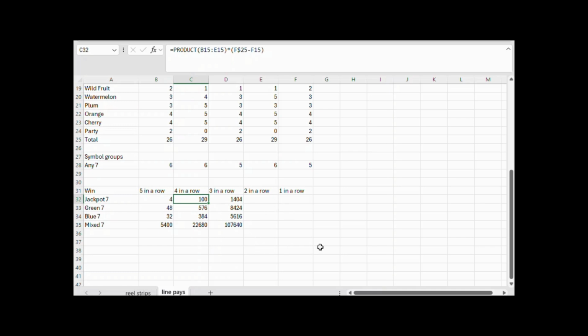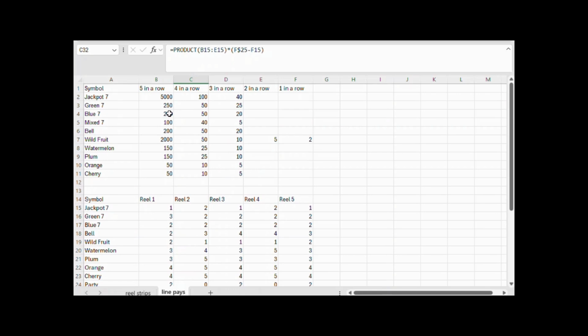So first let's consider a situation where, let's say the player gets four Jackpot 7 symbols on reels 1 to 4, and then either a green 7 or a blue 7. So he could win either 100 for 4 Jackpot 7 symbols, or the same amount, 100, for 5 mixed 7s. So since the win is exactly the same, we could count it either way we want.